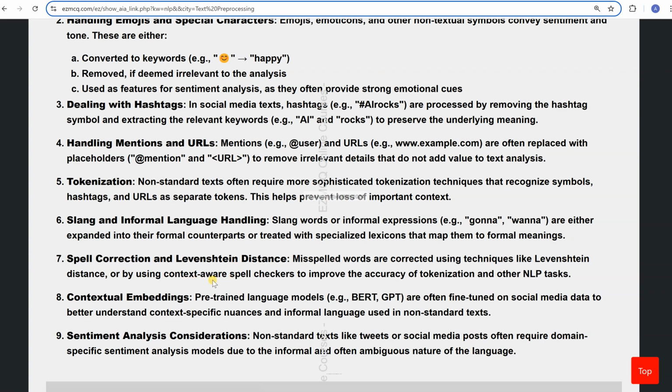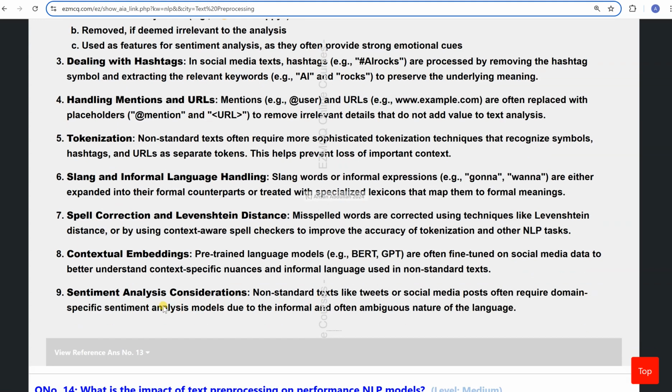Basically, we look at the context in which a word is used and, based upon that, correct the spelling, or based upon the Levenshtein distance, find out how the words are different and which would be the correct spelling. And then you have pre-trained language models, and of course there are sentiment analysis considerations for non-standard text, which appears in tweets and social media, and which is domain specific also.